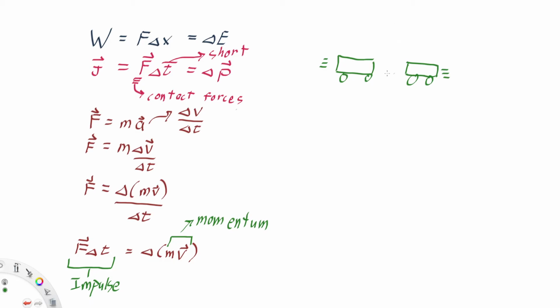When they collide, if we consider our system as both cars together, the contact forces, due to Newton's third law, are going to cancel out. So we will have forces of the first car on the second and forces of the second car on the first. Because of Newton's third law, those are going to be equal and opposite. So when we go to add up the forces, those contact forces disappear.